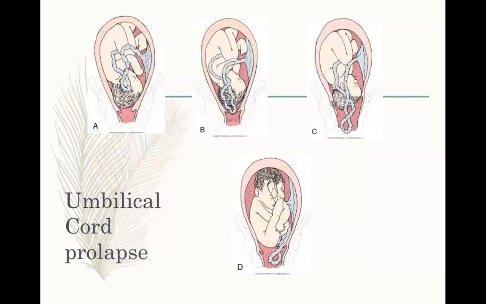leaves their hand in the vagina and relieves the pressure off the cord. So the cord ends up being between two fingers, between the head and the vaginal wall. It's very challenging physically to hold that position with your finger strength.